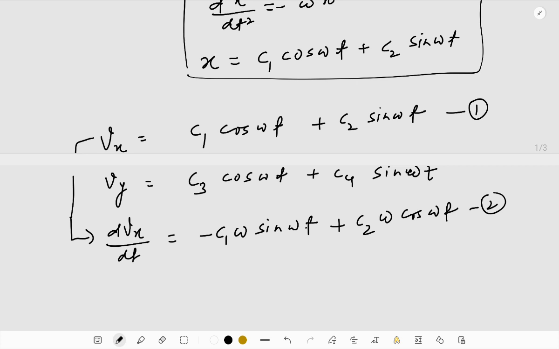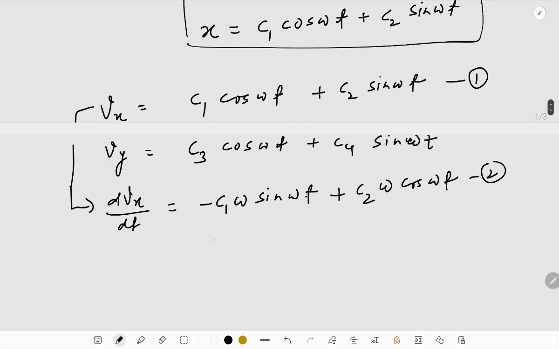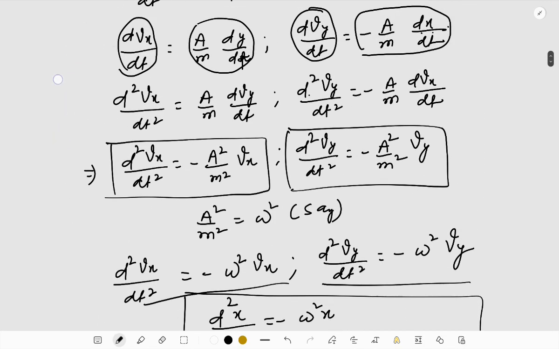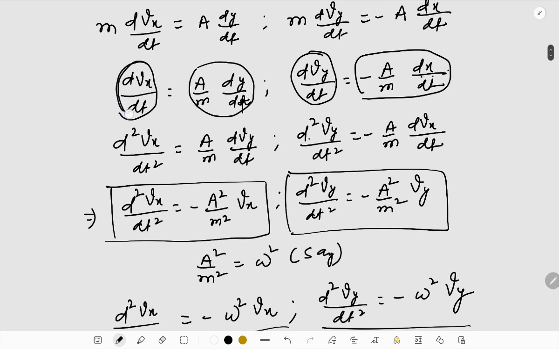As you can remember the problem, and you can go there and watch the video again, at t equals 0, vx was 0, because the velocity was entirely along the y-axis. So the x component of the velocity was equal to 0. And what was the value of the x component of the acceleration? dvx by dt depends on the y component of the velocity, dy upon dt.